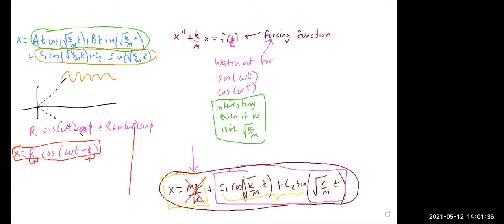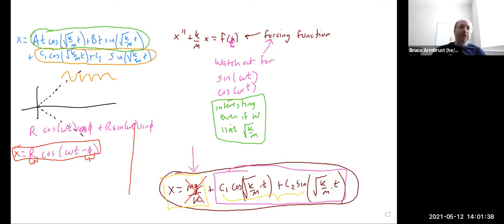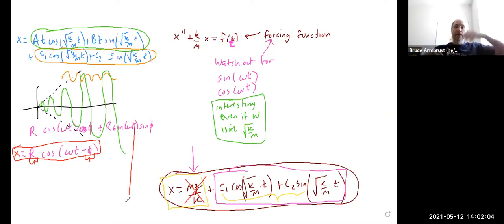Because you can factor out that t, that t actually now acts as an amplitude envelope. And what you're going to see is this sort of thing, that sine wave actually growing in strength.